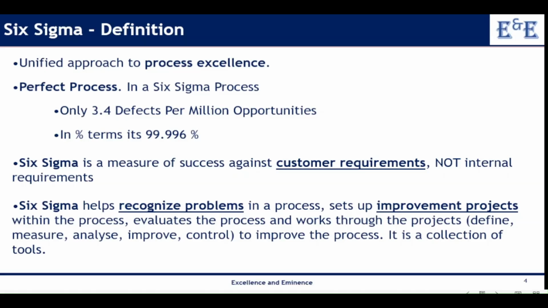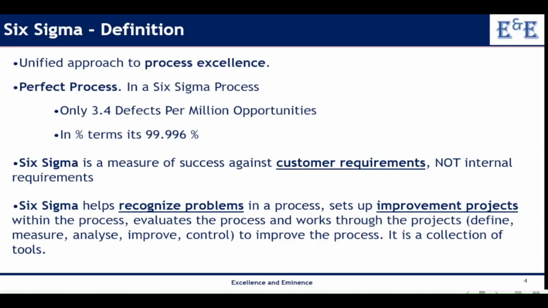Okay, Six Sigma has multiple facets. We'll go one by one through the different approaches. First, process excellence. As I spoke in the previous slide, we are talking about business process improvement. If you say your process is Six Sigma capable, that means the output has only 3.4 defects per million opportunities.